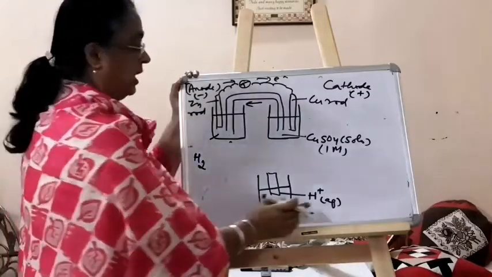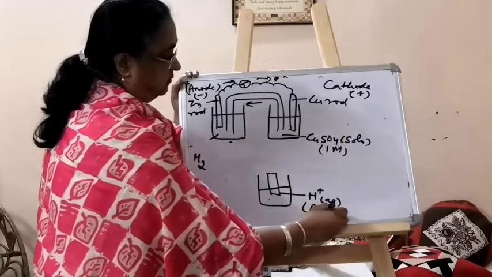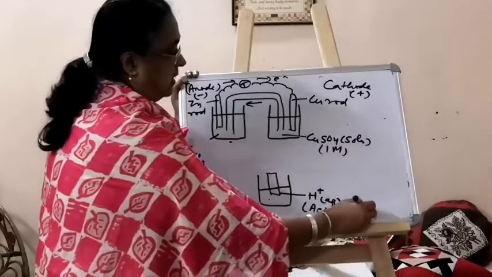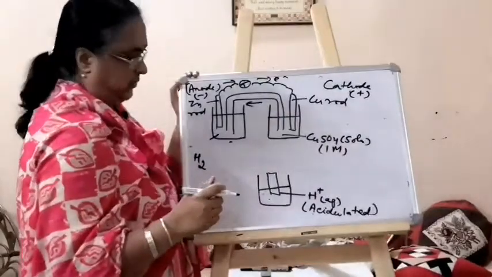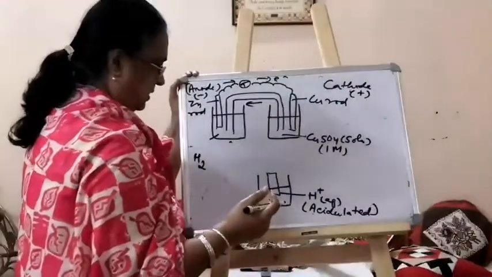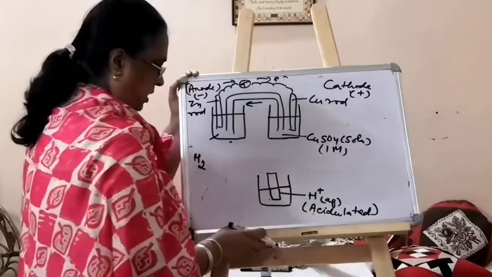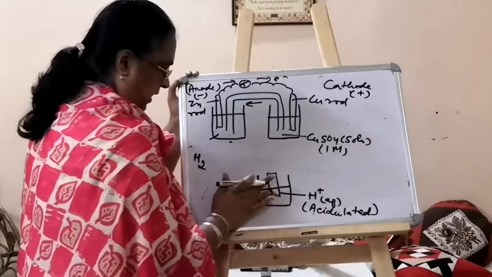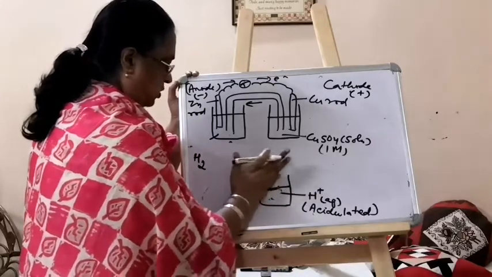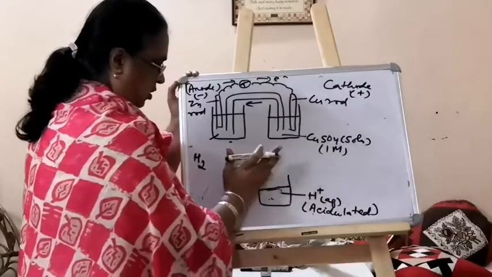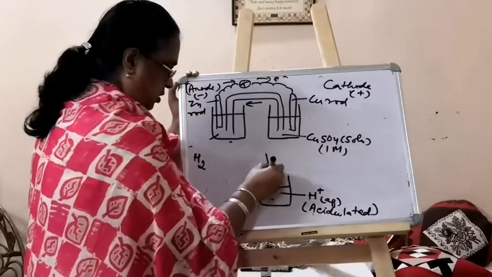Now I am going to tell you how this standard hydrogen electrode is constructed. We take hydrogen and acidulated water. Acidulated water means dilute sulfuric acid is dissolved in water. Since it is standard, we have to take a 1 molar solution of hydrogen ions. Hydrogen is a gas, so we can't use a rod. Instead a wire is used.